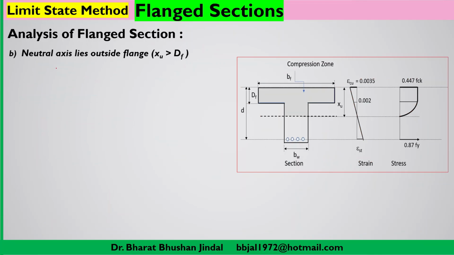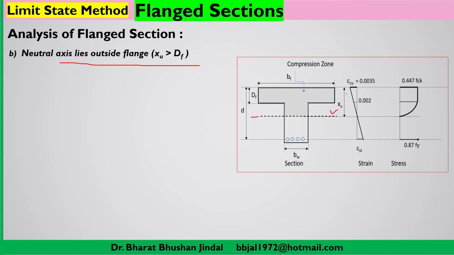Now the second case is when the neutral axis lies outside the flange. So you can see here, this is the neutral axis. It is within the web portion, that means it is outside the flange, and this will be the depth of the neutral axis.